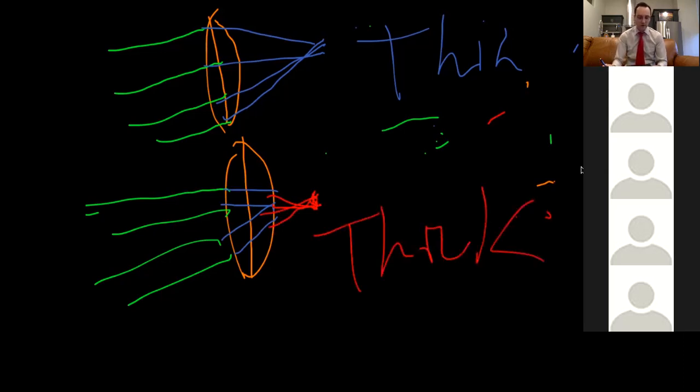And if we treated it as a thick lens, we would have to know that the incident light is actually going to refract at, we can call it F1, the front surface, the front vertex. It's also going to refract again on the back vertex, right?